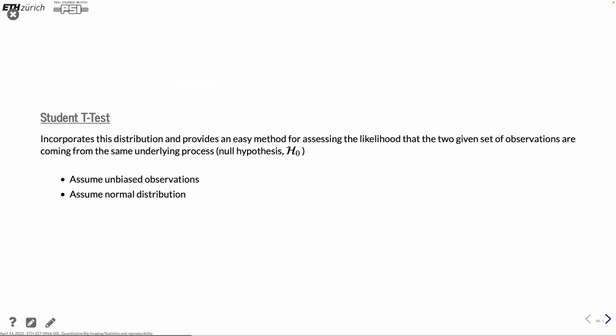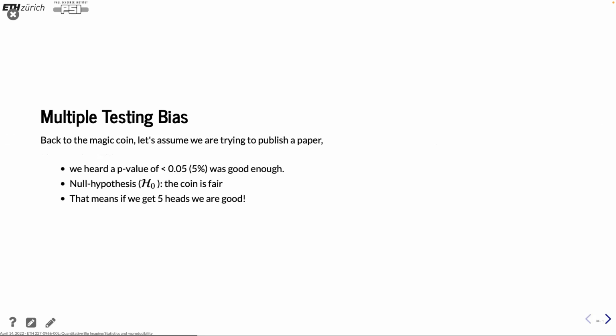We assume that we have unbiased observations, and we also assume that we have a normal distribution. And if the value produced by the student t-test is below some level, then we say, okay, this is not true anymore. And here I see I actually missed one thing that I thought I had, which was the Python command to do this test. I think it's then in the notes.